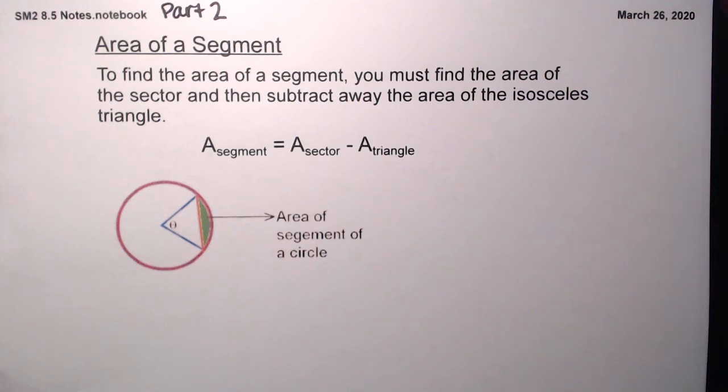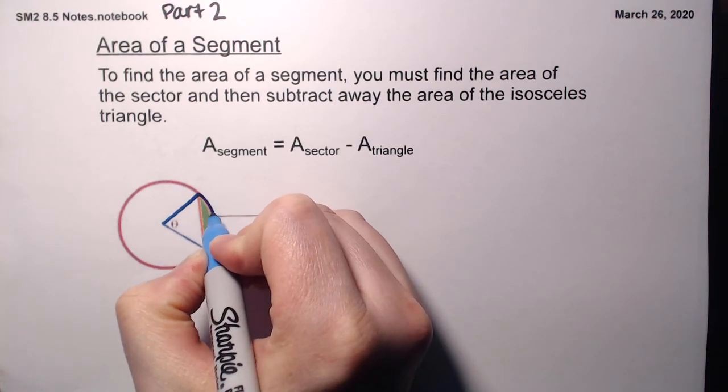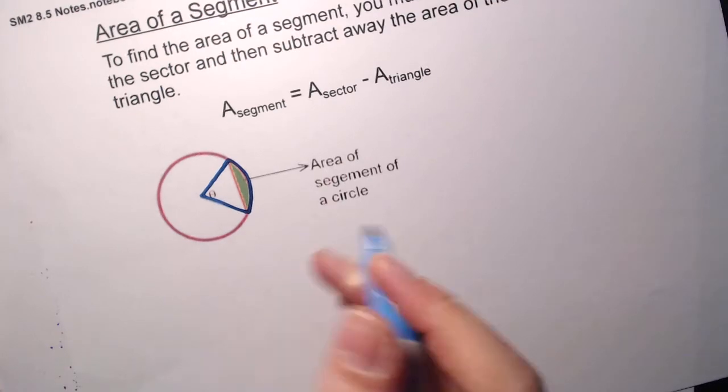This is part 2 of the 8.5 notes. We're going to talk about area of a segment. So what we're doing is we're taking the area of this entire sector right here. So we're going to find that entire area.